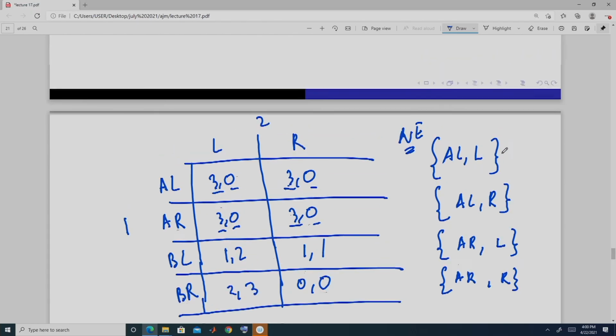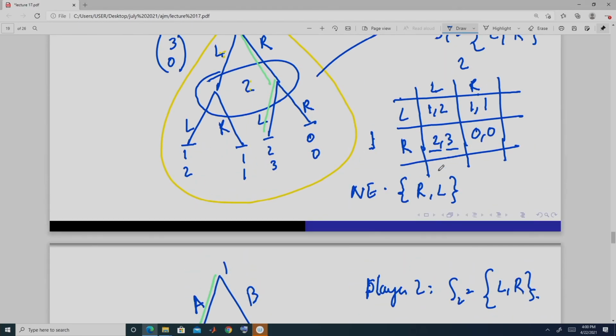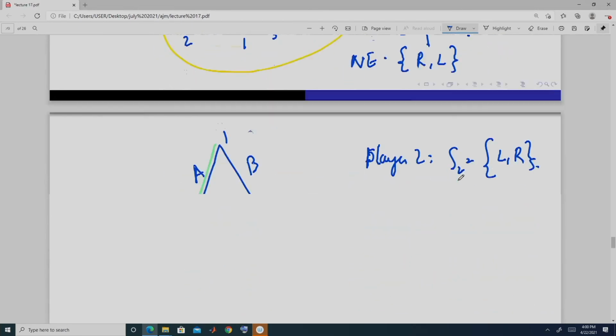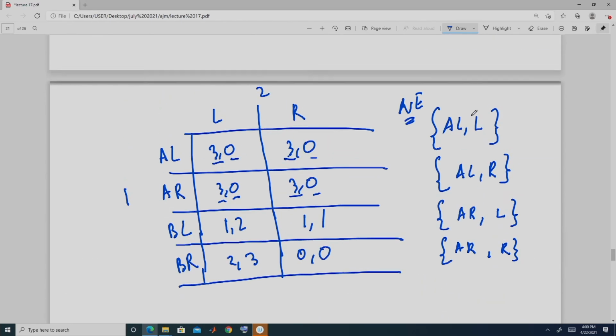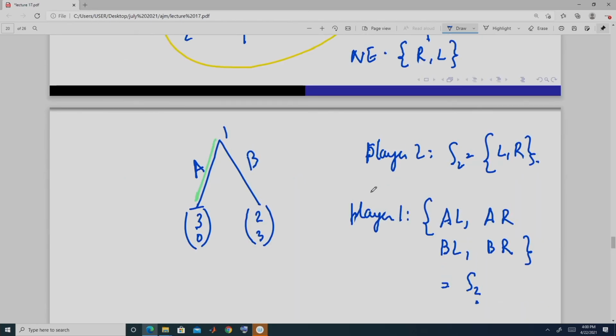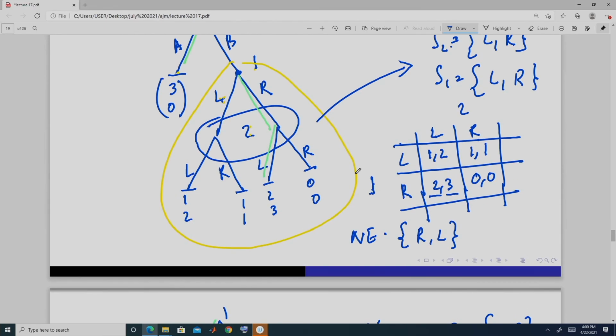Because here if you look at this subgame, it is LR only this, because LL is dominated by R if you play this.